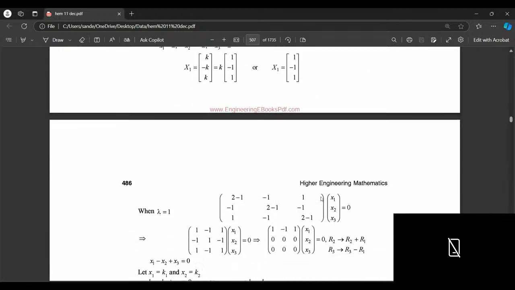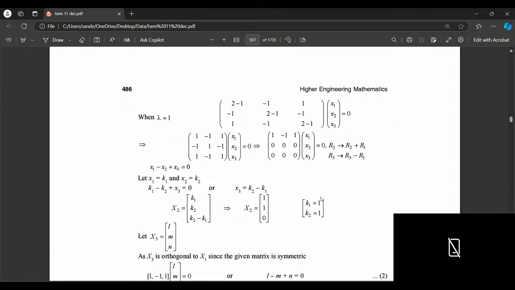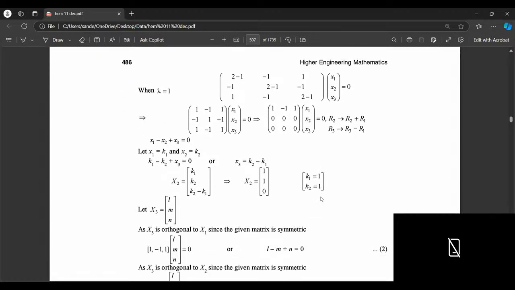Now for the similar roots, lambda equal to 1, for this second eigenvector, as in the previous case, non-symmetric matrix with repeated roots, you choose that same way, x1 equal to k1, x2 equal to k2, and find the second eigenvector.